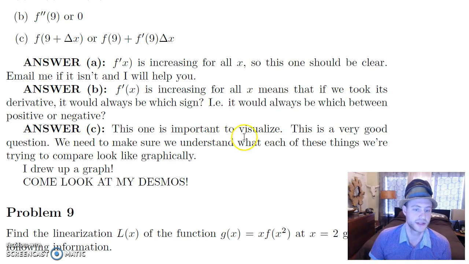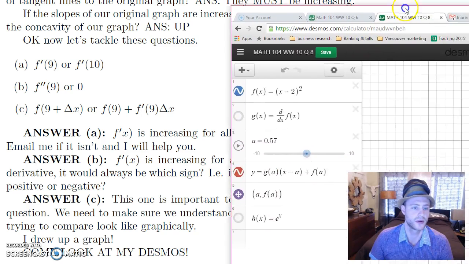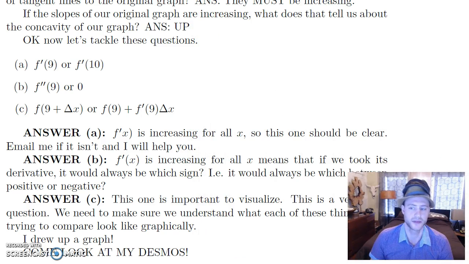We need to make sure we understand what each of these things we're trying to compare looks like graphically. I drew up a graph. Come look at my Desmos. I don't know how to overlay these at the same time, so keep in your brain this first one: f at 9 plus some small change in x.